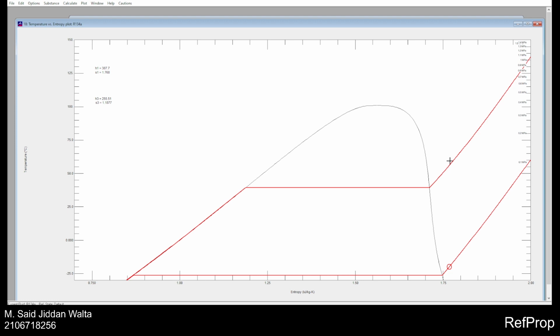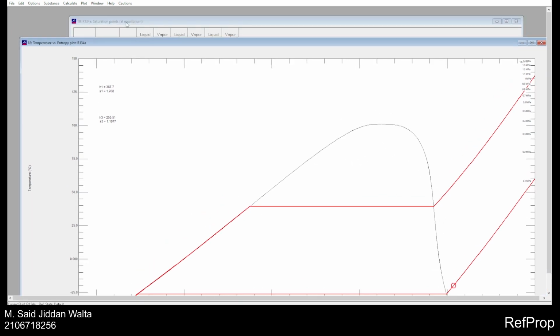However, we don't need to find the exact point, but we can use the isentropic values to find the actual values. So we can find the isentropic enthalpy and isentropic entropy of this process at point 2 by using the same tables.